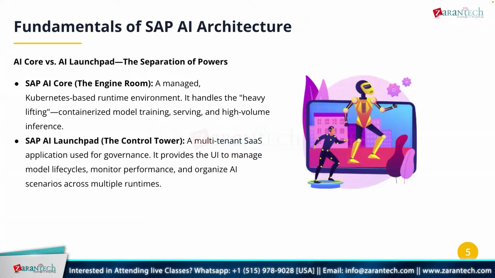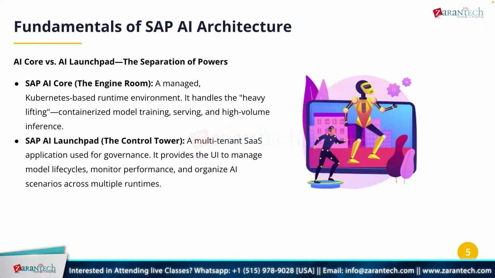Think of AI Core as the backend brain where AI actually runs. That is why we always call AI Core an engine. It will execute the ML models, run the pipelines, and handle the scaling, a lot of things.